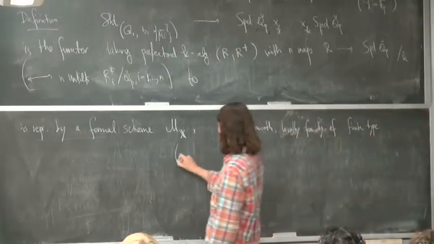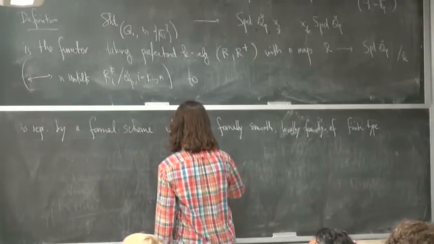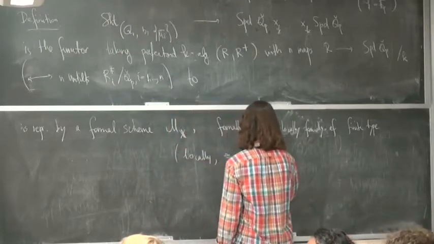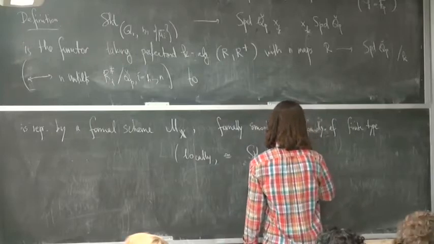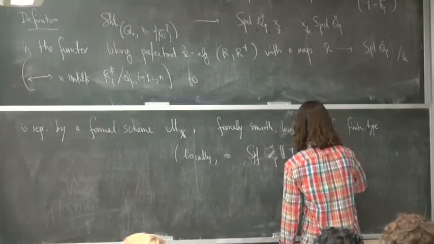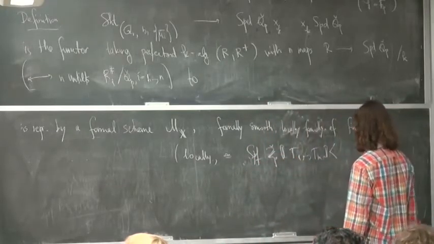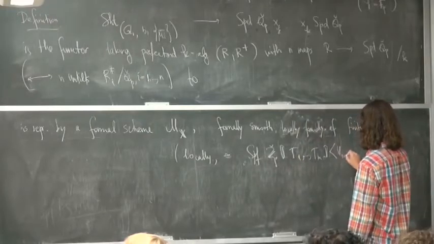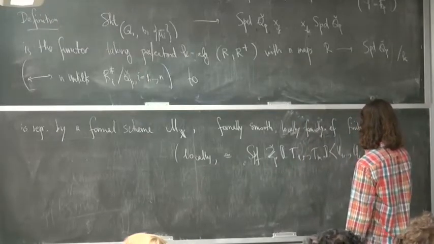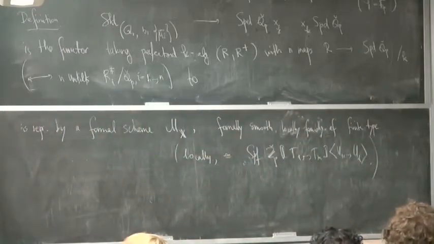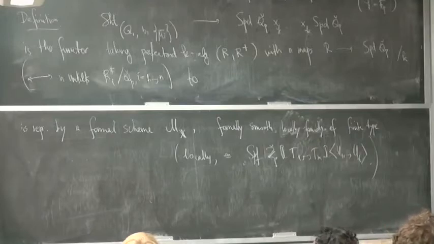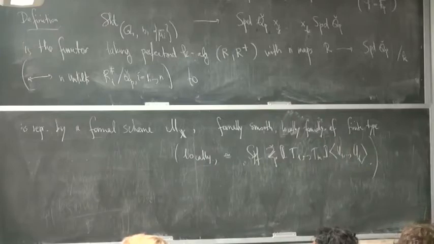Meaning that it's locally isomorphic to this formal spectrum of Z_p breve, where you have some power series variables, T1 up to Tn, and some convergent power series. But it's not quasi-compact. But all irreducible components of the special fiber are proper.